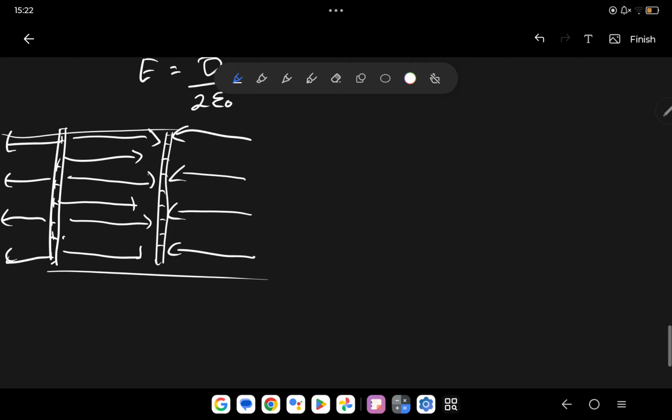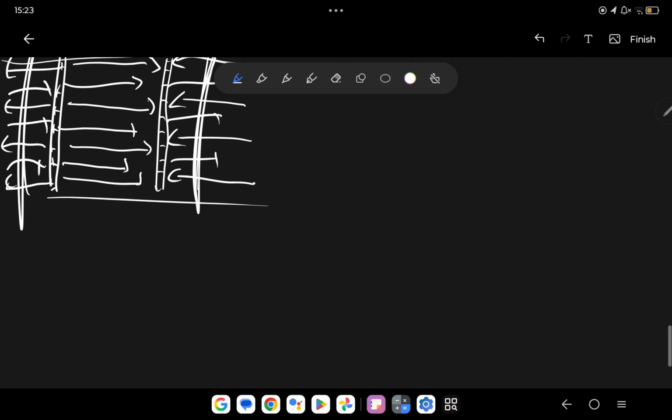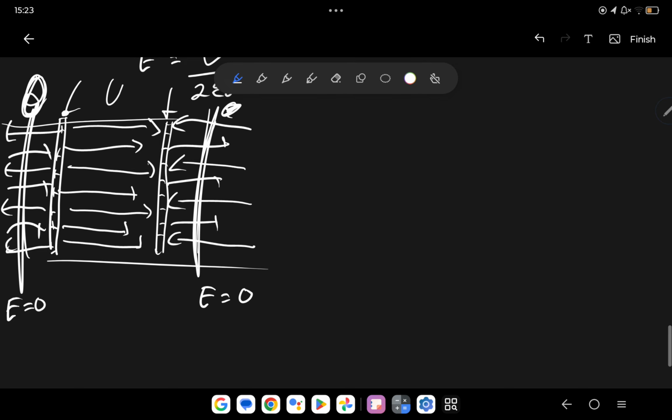But then again, the area on the left here will experience a field from here, which is pointing inside, and the area here will experience a field from this one, which is pointing outside. So this is going to cancel each other out, and this is going to cancel each other out. So outside the two parallel plates, the electric field is equal to 0. But between them, they add up.